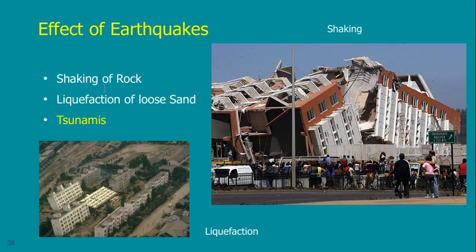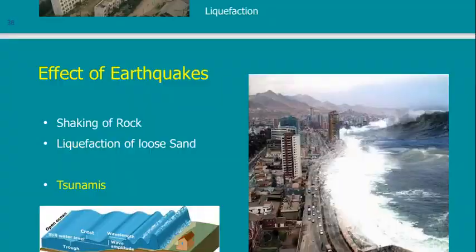So it turns into something like liquid. So if I have buildings standing on loose sand, they were standing, but after the earthquake, you will discover that your buildings are standing on water, so they tilt and collapse.